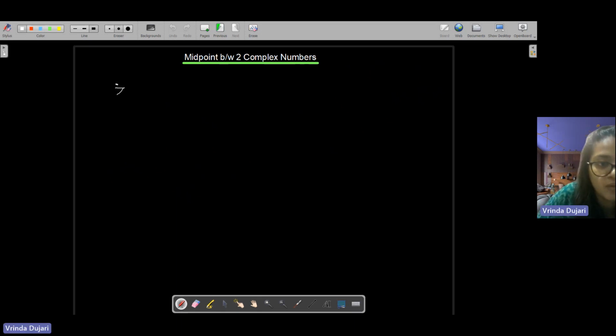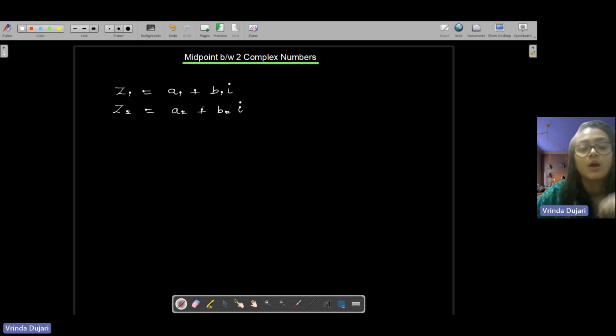So let's say we have one complex number Z1 given by A1 plus B1 times i, and a second complex number Z2 given by A2 plus B2 times i. Now, if you plot these two complex numbers in the complex plane, this transforms to the point A1, B1, and this will become A2, B2.